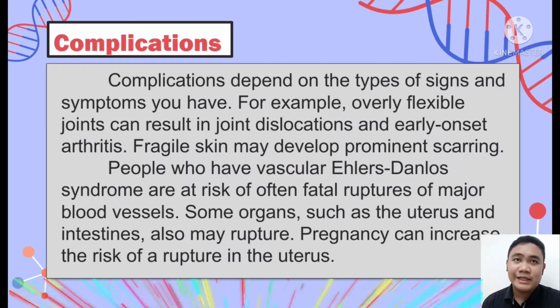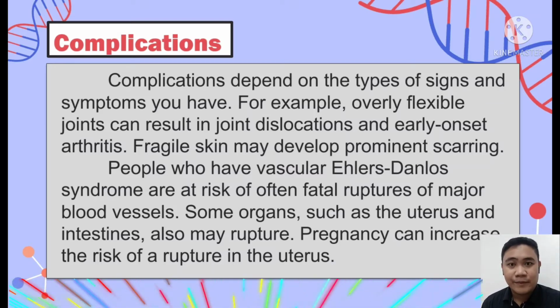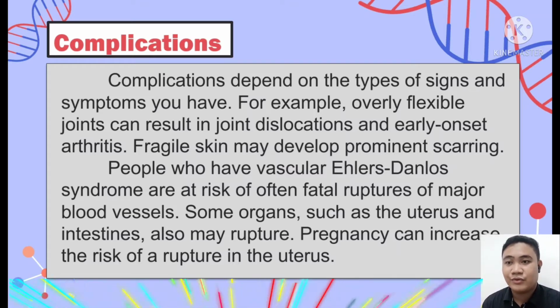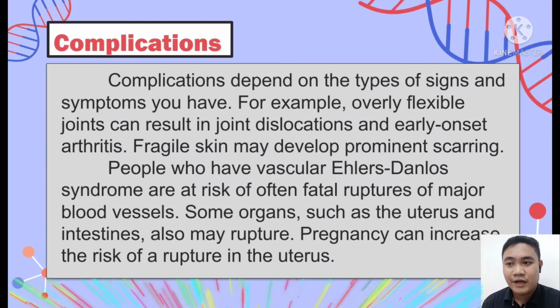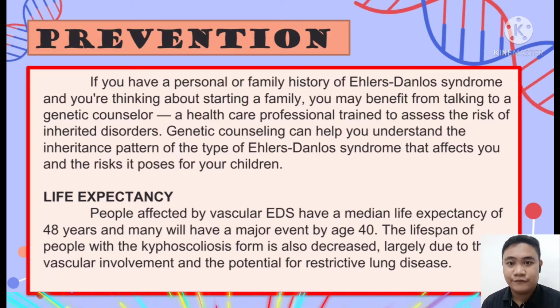Now, how must EDS be prevented or avoided? Aside from its cause that it is inherited from parent to child, there are also some genetic preventions formulated for this kind of syndrome. If you have a personal family history of Ehlers-Danlos syndrome and you're thinking about starting a family, you may benefit from talking to a genetic counselor, a healthcare professional trained to assess the risk of inherited disorders.